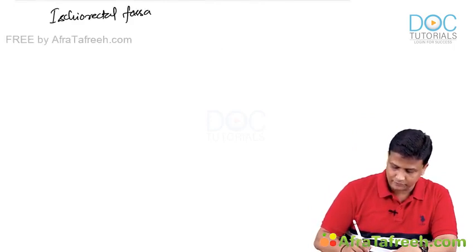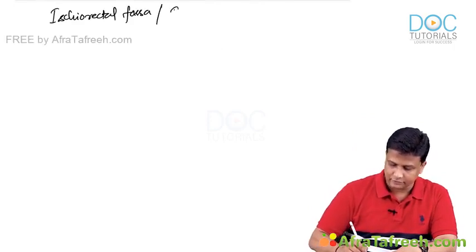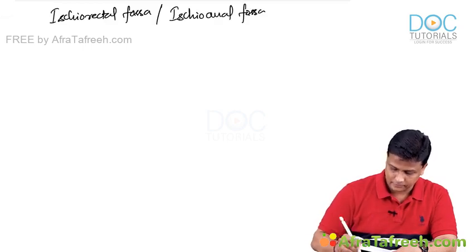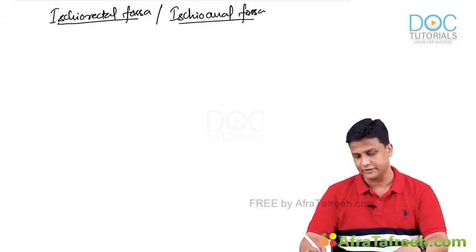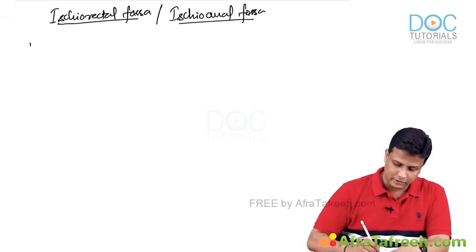So let us just write down here: ischiorectal fossa, or else the another name of this one is ischioanal fossa. Perfect. Now what will be the boundaries of ischiorectal fossa?